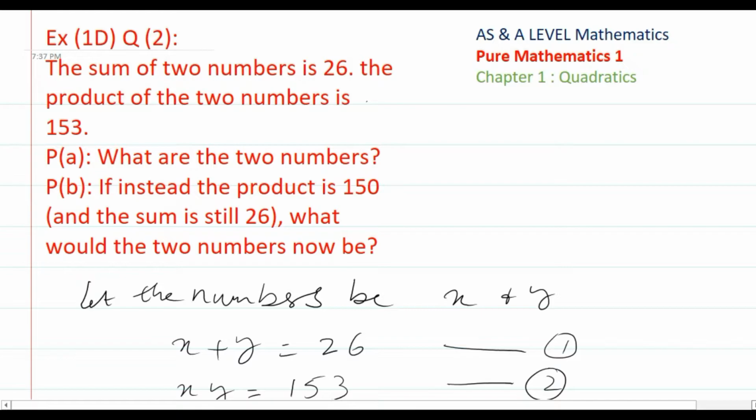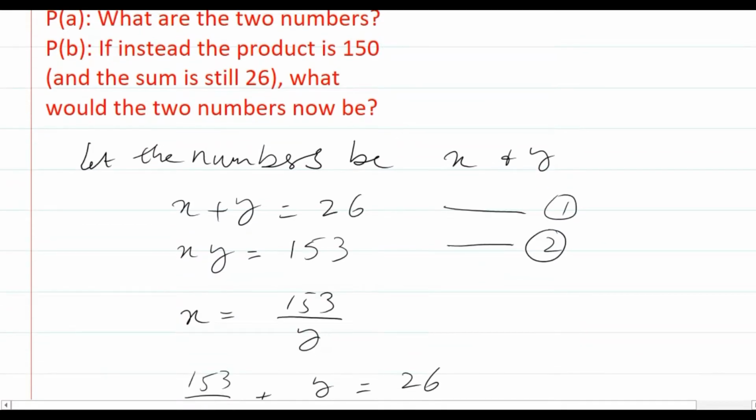It means you will add the numbers to get the sum. x plus y will become equal to 26, and if you multiply these two numbers x and y, you will get 153.